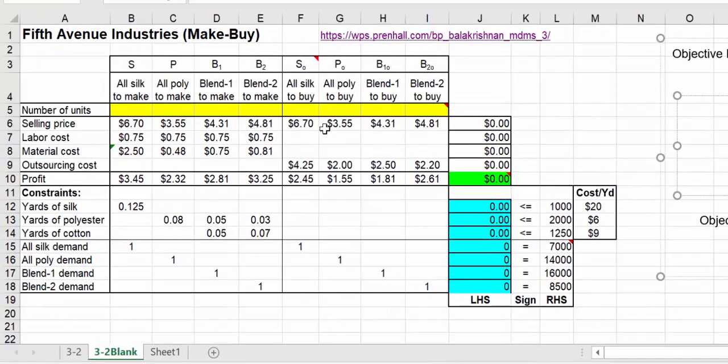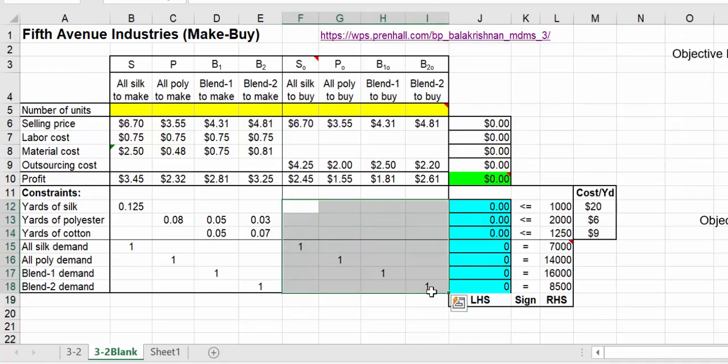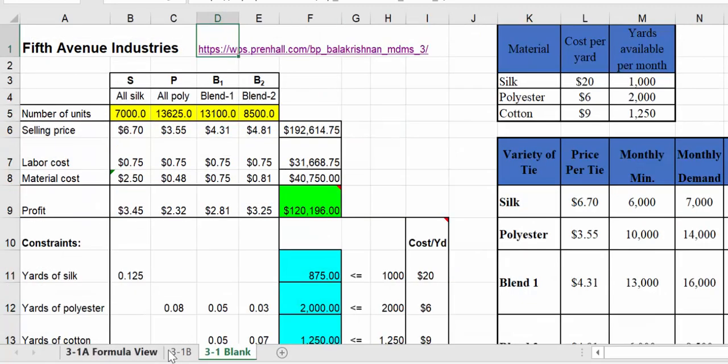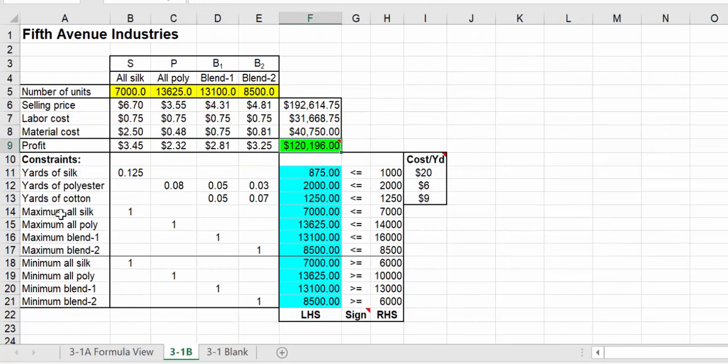So what we can blank out is everything here. When we looked at the previous example, notice that there was a range: maximum amount of silk, minimum amount of silk. So the department store had this ideal range of what they wanted in terms of the amount of ties coming their way.